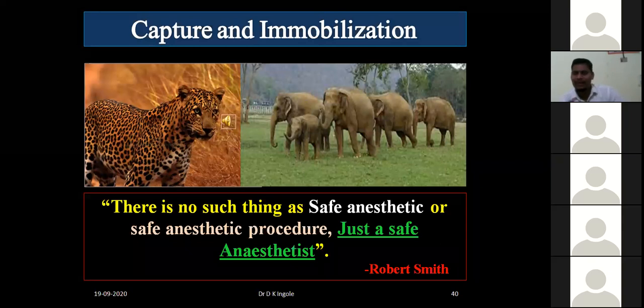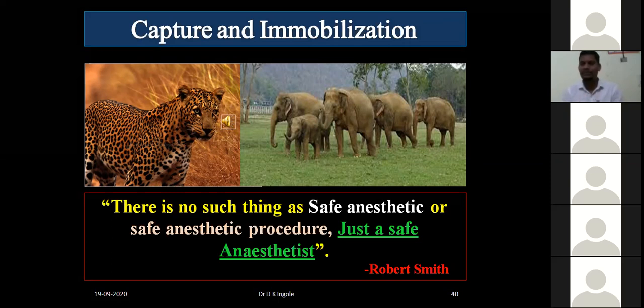Along with that, we should have some experience and expertise in handling and capturing animals, along with knowing their anatomical and physiological differences. Suppose we have to tranquilize an elephant, we should know its anatomy and physiology, because if the animal is tranquilized and sitting in sternal position, after 25 or 30 minutes the animal will collapse, because elephants lack pleural space.